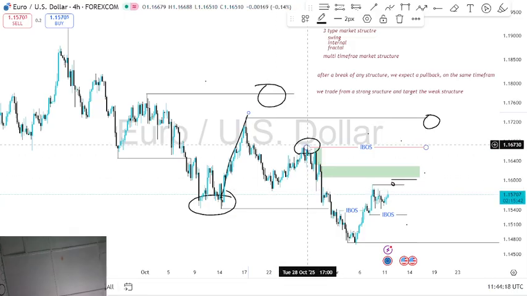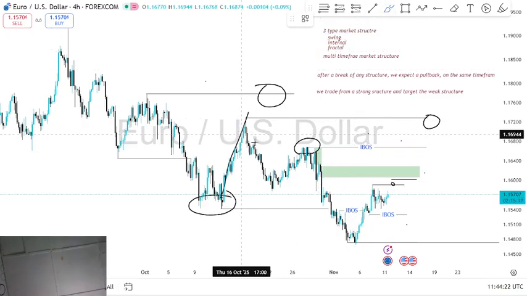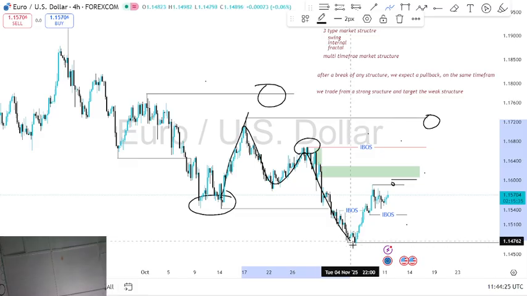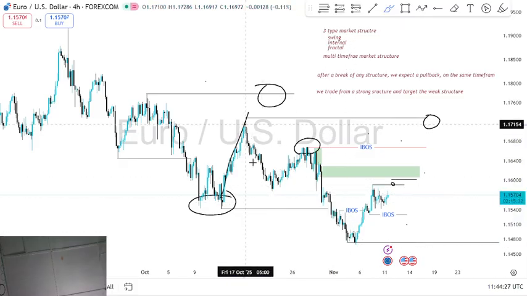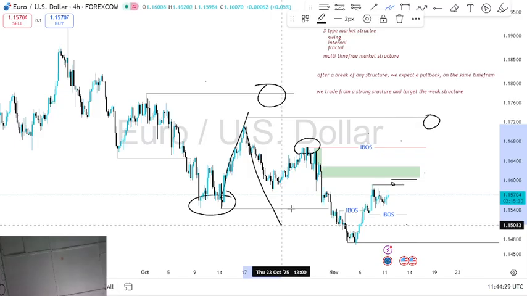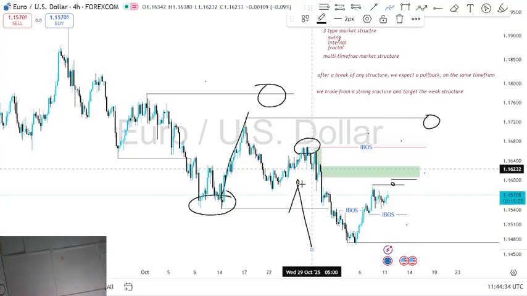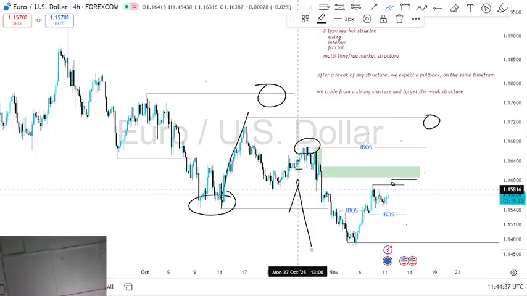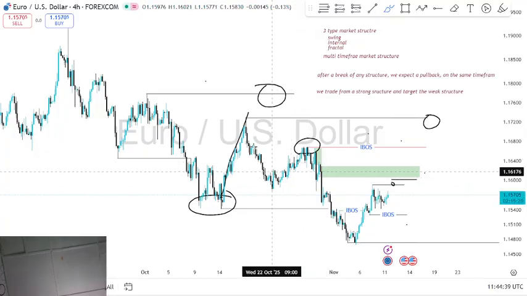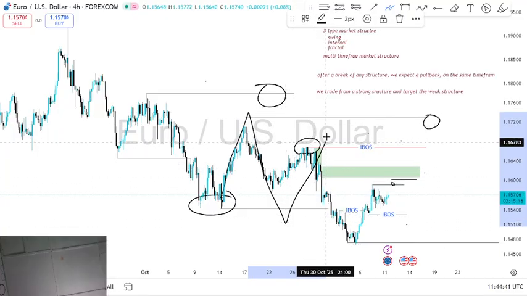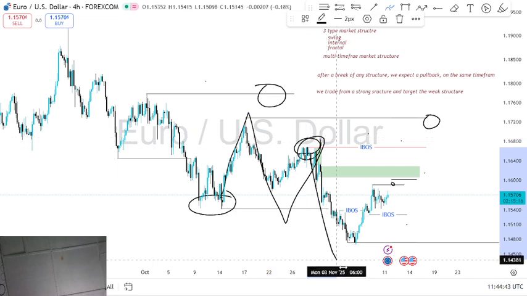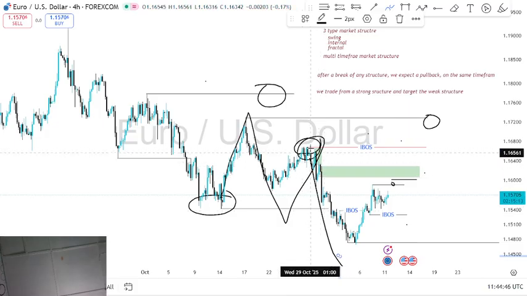We moved to the upside here, and price continued. If we break this low and then pull back, price continues the move, like this low here, this high. Because the high is the strong structure.